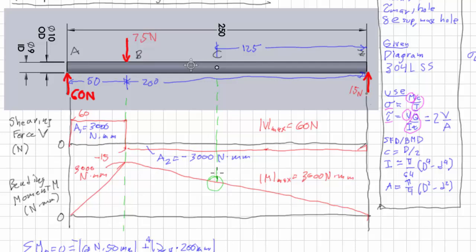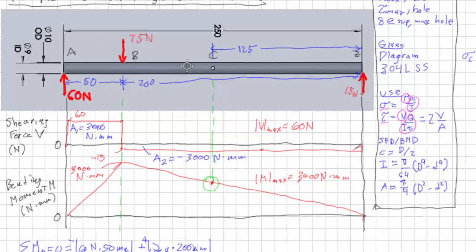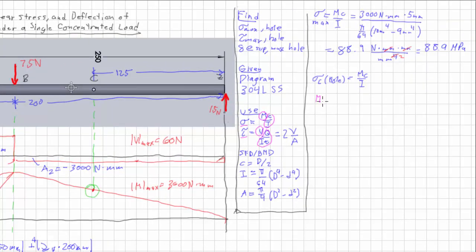Now that value is part of a linear slope. So it starts at 3,000, ends at 0, and we know the distances, so we can figure that out. Mc is, well, the top is 3,000 Newton millimeters, and the bottom is 0, so we don't have to worry about that. And it's simply that fraction of it. So how far up did it go? It is up 125 from 0.